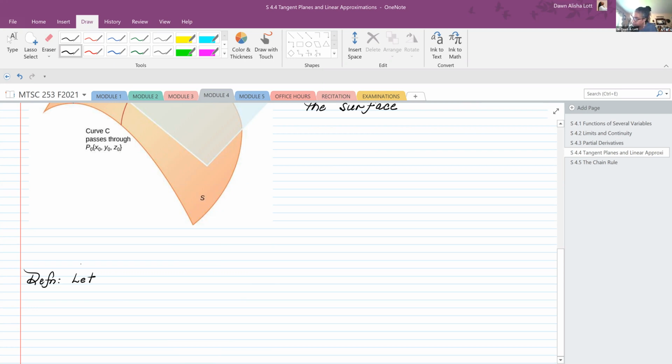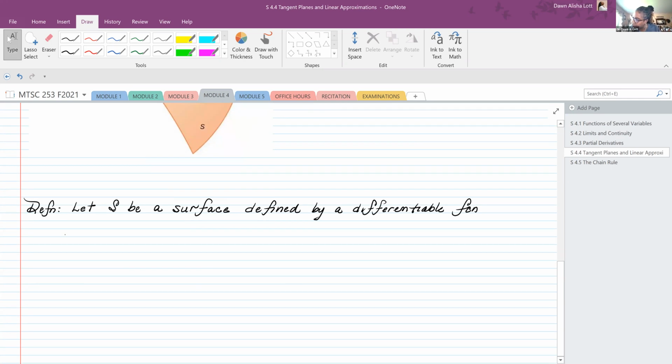Let S be a surface defined by a differentiable function z equal to f of xy. If it's differentiable, I can find its partials.